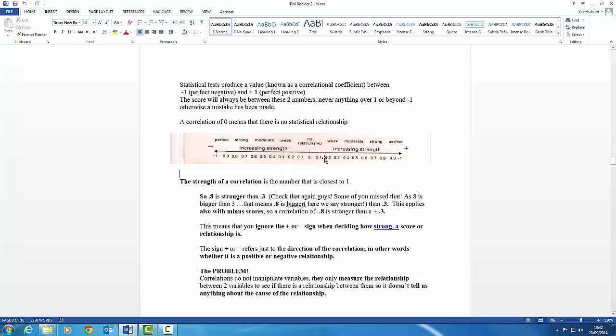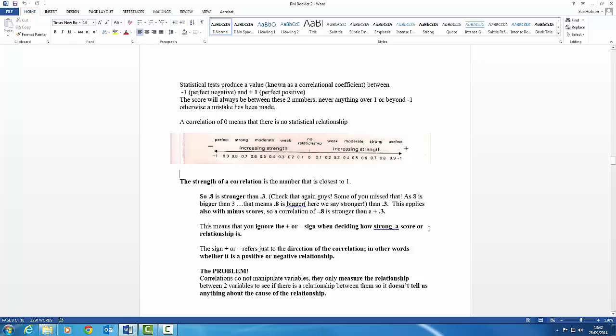But as we get down here, they're very weak, and no correlation means there's no relationship. So 0.8 is stronger than 0.3. Look at that again, guys. This is what confuses people. Because it's closer to 1, it means it's a stronger correlation. So 8 is bigger than 3, that means 0.8 is bigger or stronger than 0.3. It also applies with minus scores. So for the strength of the correlation, you ignore the plus or minus sign.